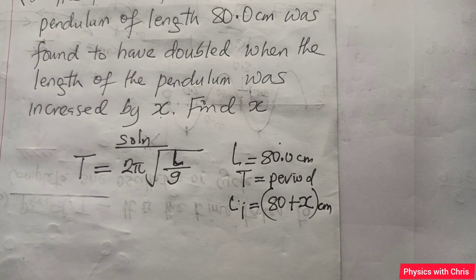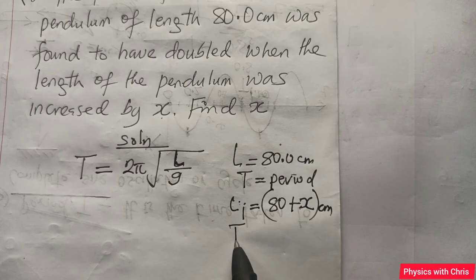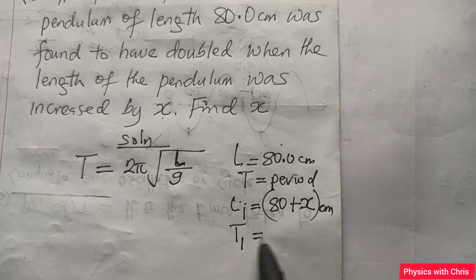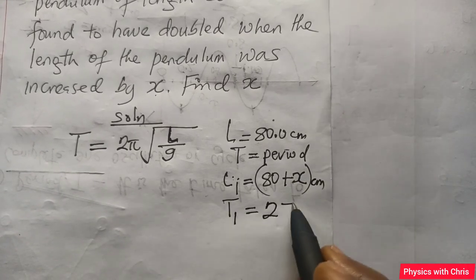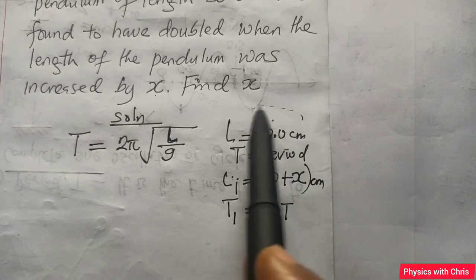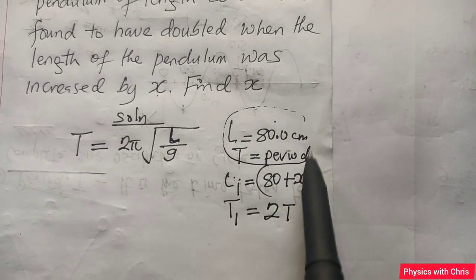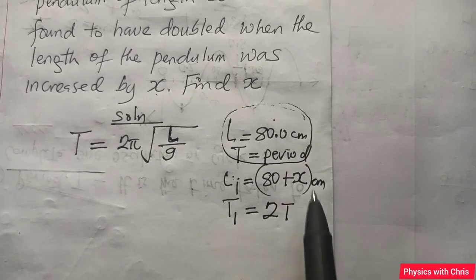So increase by x means you add x to the previous original length. Now, the new period, let's call that T1, is 2 times the original period, 2T. We can call the first two quantities initial parameters, and the other two the final parameters.